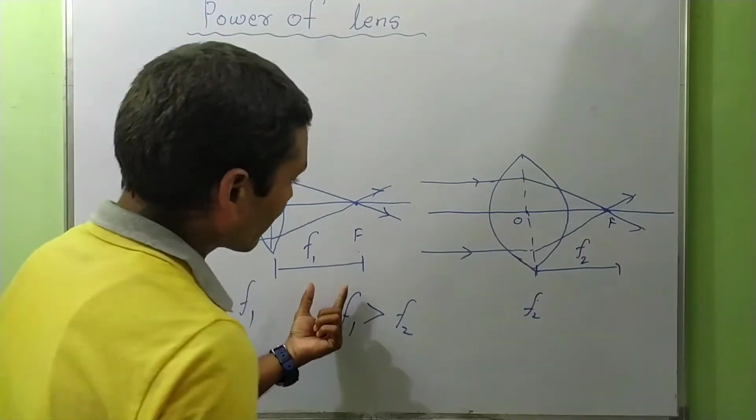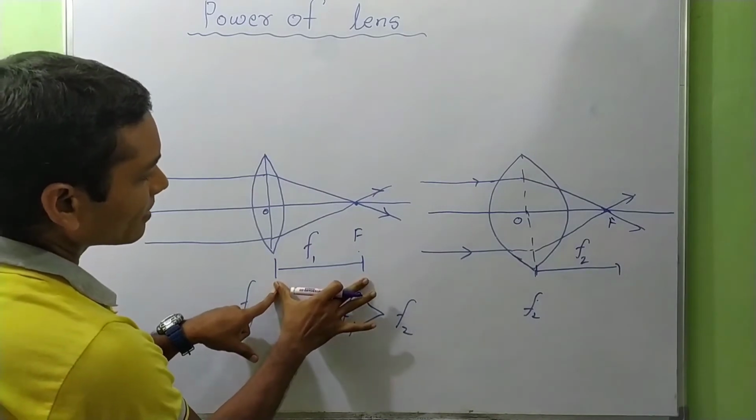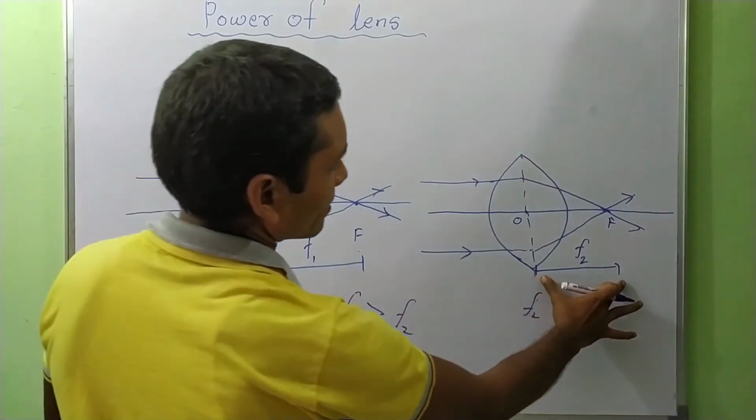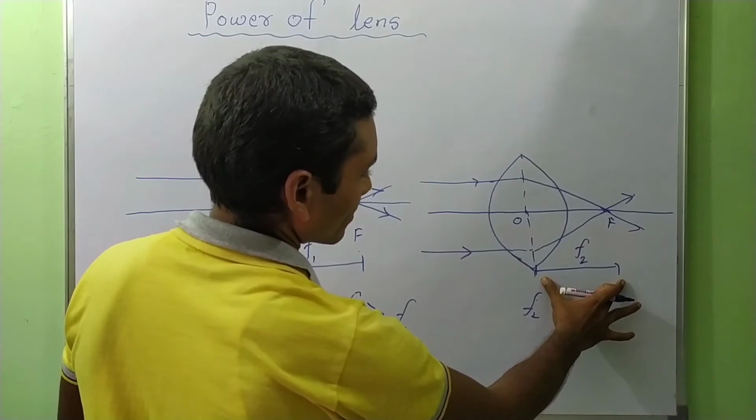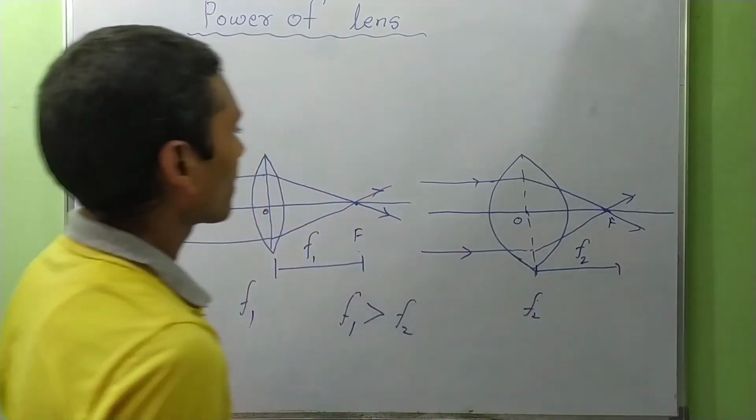Here it is clear from both diagrams that this distance is greater than this distance. Okay, means f1 is greater than f2.